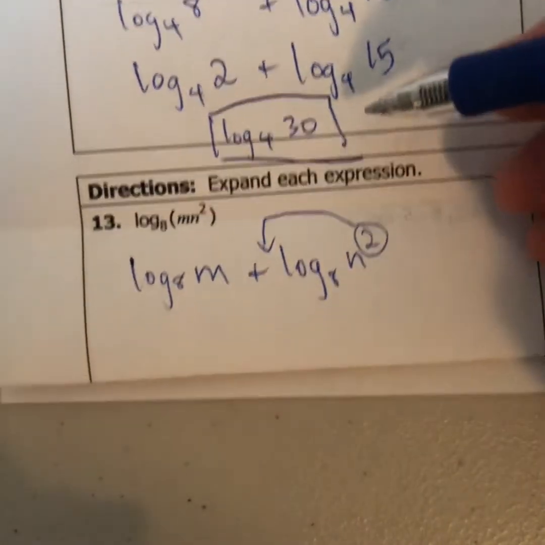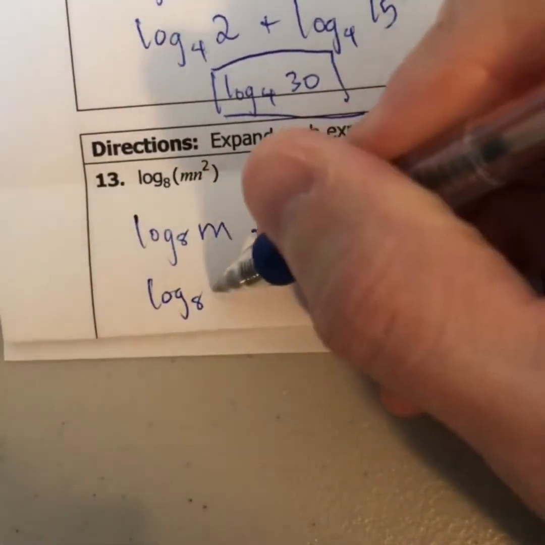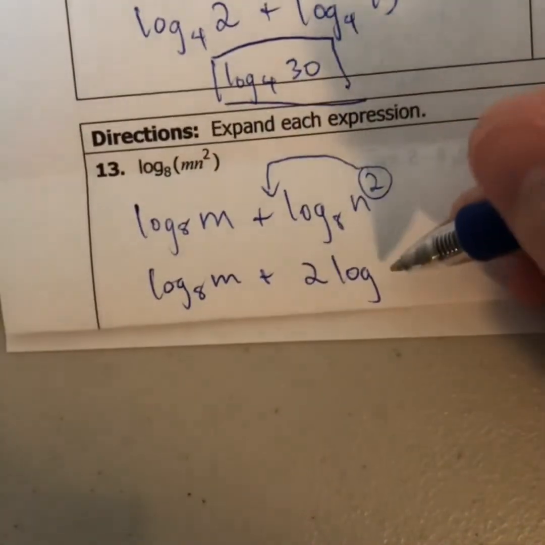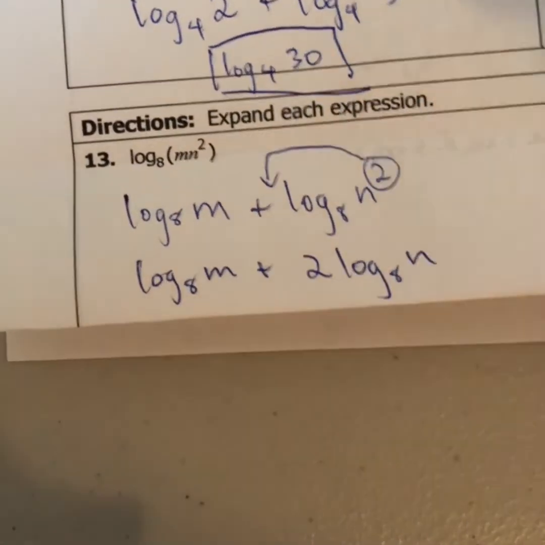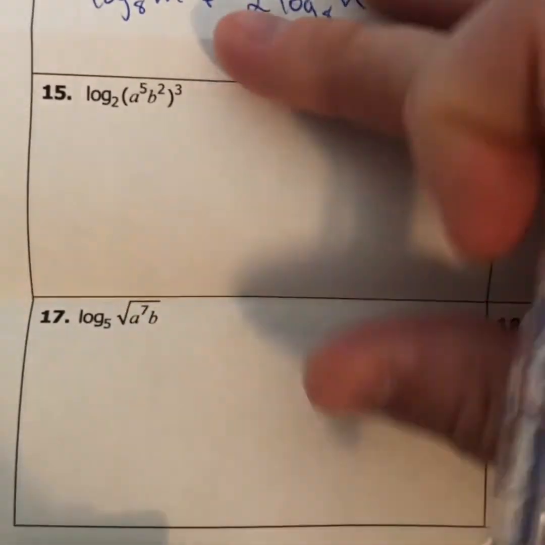We got to bring that 2 out front. Just for the second part, still keep log base 8 of m plus 2 log base 8 of n would be your final answer.